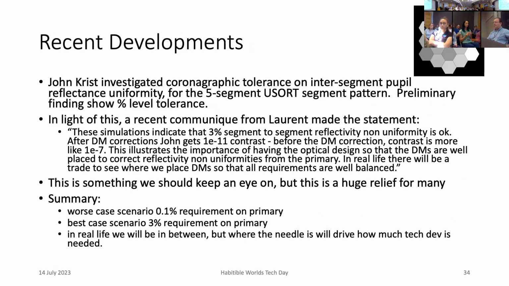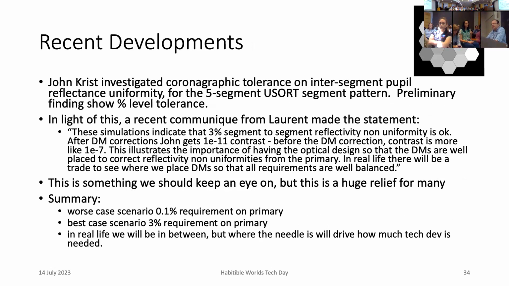However, in the last couple of weeks, John Krist has looked at the coronagraphic tolerance on intersegment pupil reflectance uniformity. He was primarily using the hex-segmented pattern and found that it was much more forgiving, at about the percent level. And we can do that.